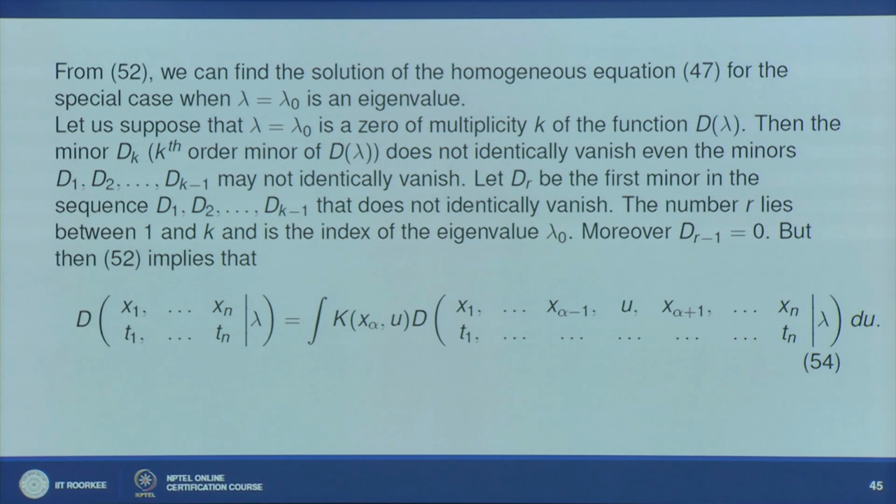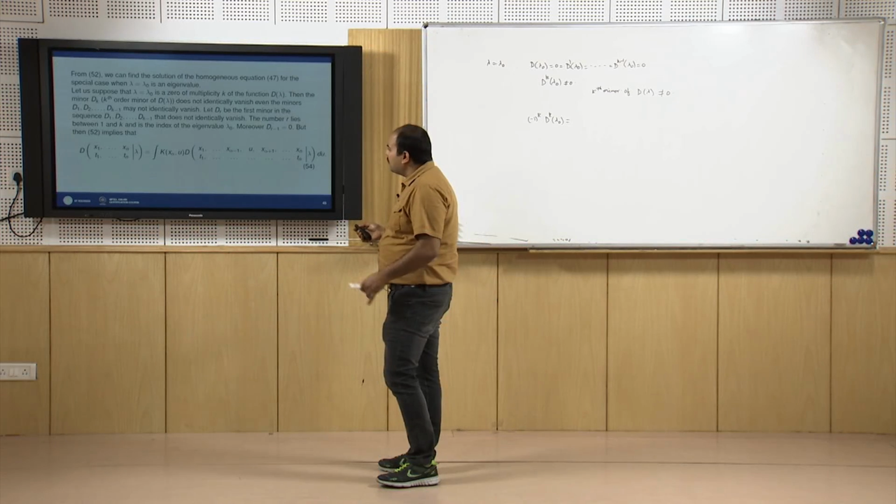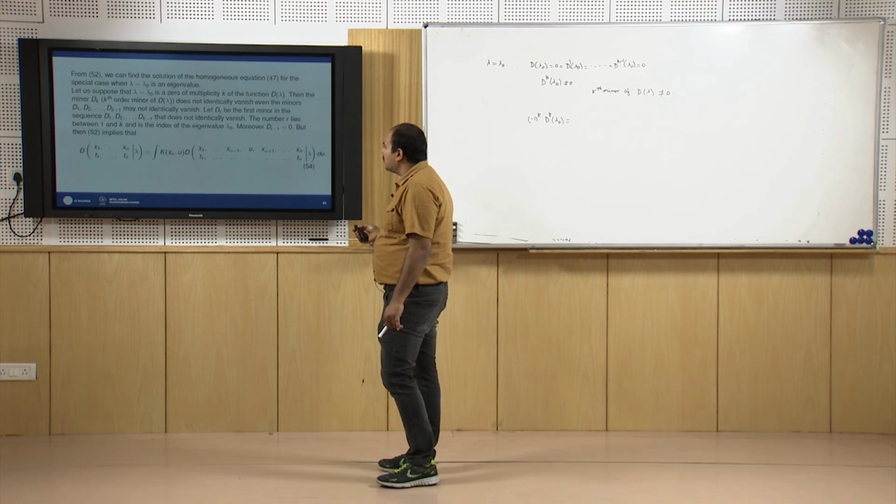So let D_r be the first minor in the sequence D_1 to D_(k-1) that does not identically vanish. It means that D_(r-1) is equal to 0.